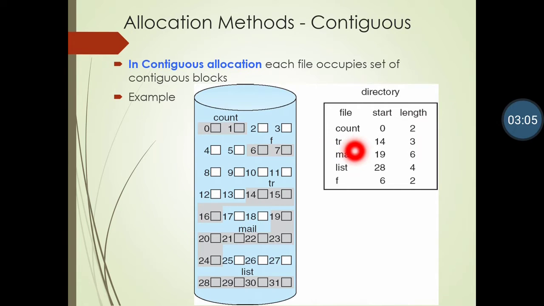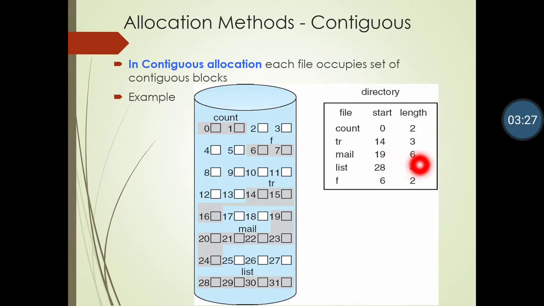Like that, for the next file tr, it requires 3 blocks. It starts at 14, that is 14, 15 and 16 are allotted for tr. Then mail requires 6 blocks.